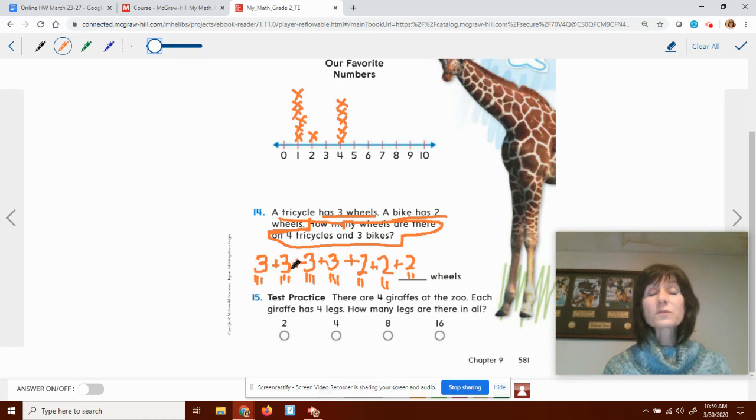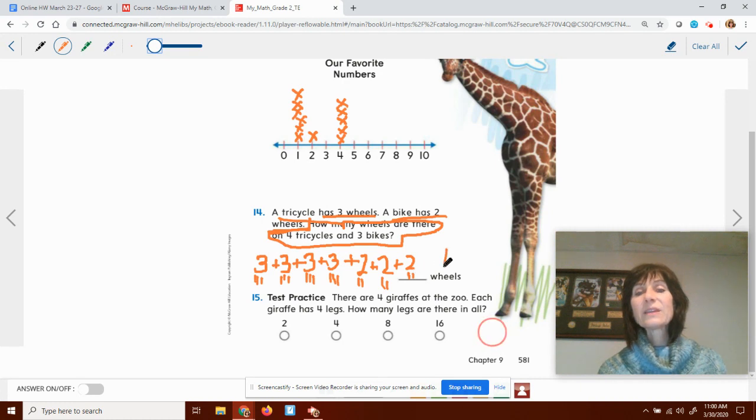I know 3 plus 3 is 6. And 6 plus 3, 9. 9 plus 3, and if I wasn't sure, count the wheels, 9, 10, 11, 12, 13, 14, 15, 16, 17, 18. You have 18 wheels.